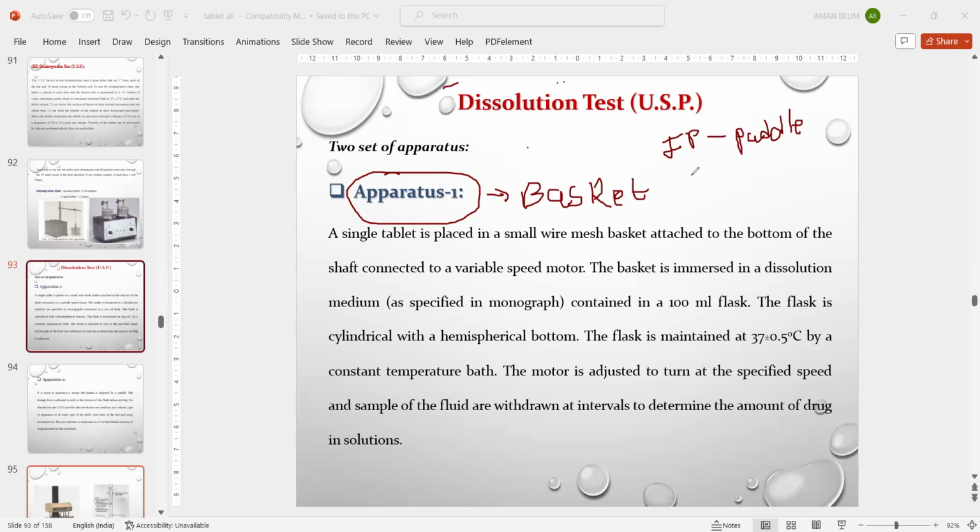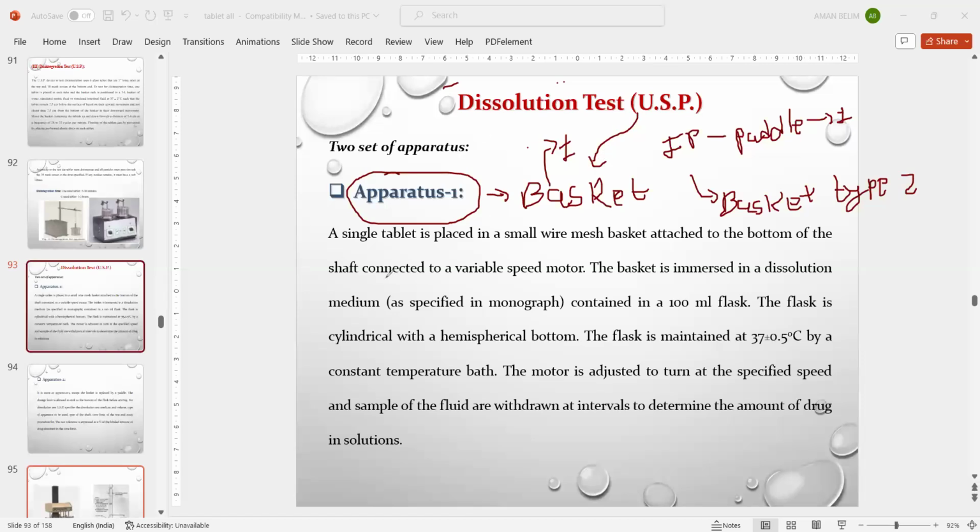And for IP, type 2 is basket. This is type 1 for USP, and the second one is paddle.